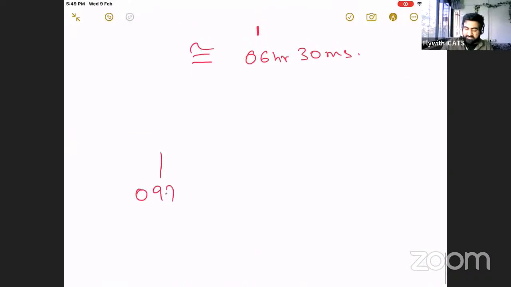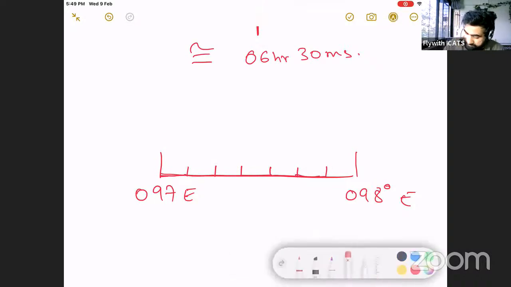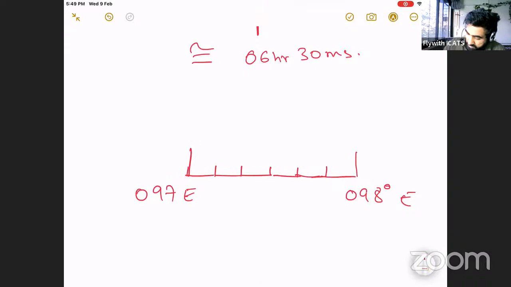If this is 097 degrees, and if this is 098 degrees, both east, and this is the d long of 1 degree between them, this d long is made up of 0, 10, 20, 30, 40, 50, and 60.